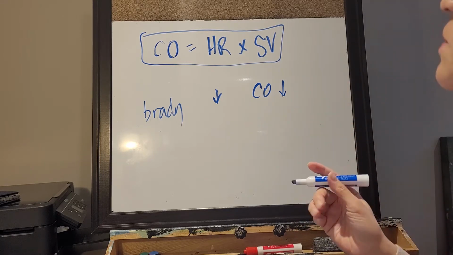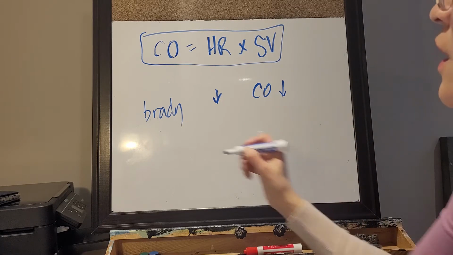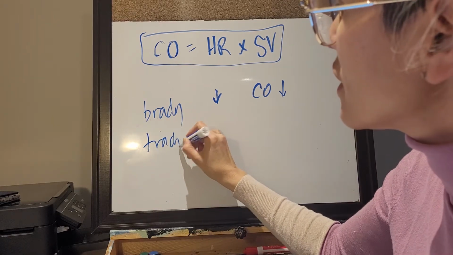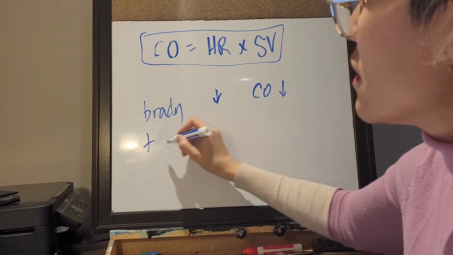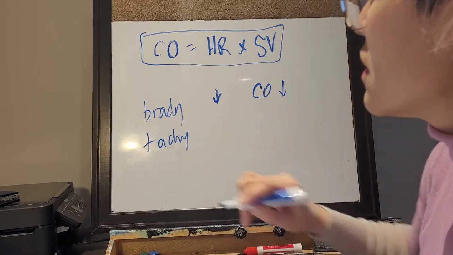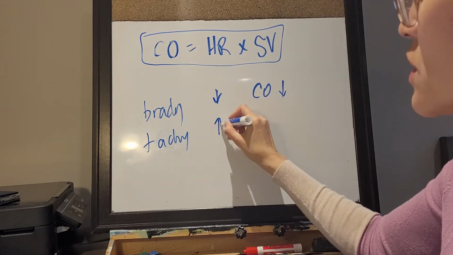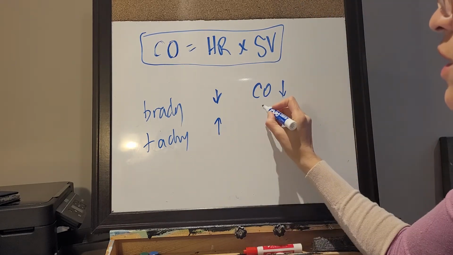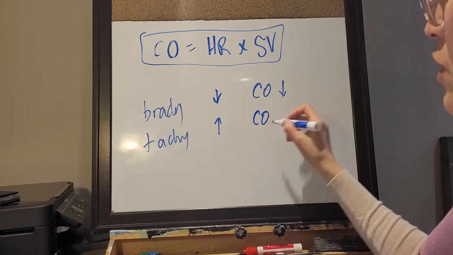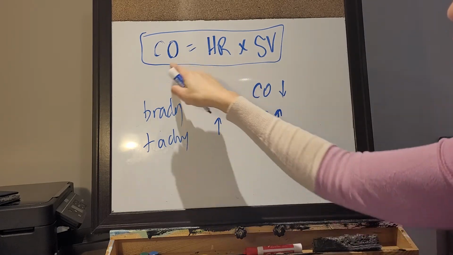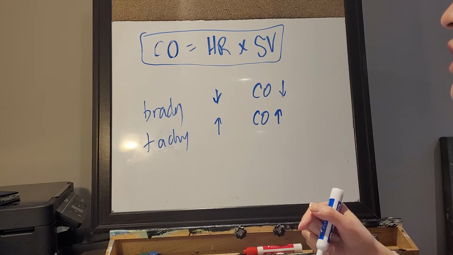A direct relationship. Okay? Then for a tachyarrhythmia, heart rate goes up. Initially, the assumption, cardiac output will go up. Again, a direct relationship when you look at it mathematically.